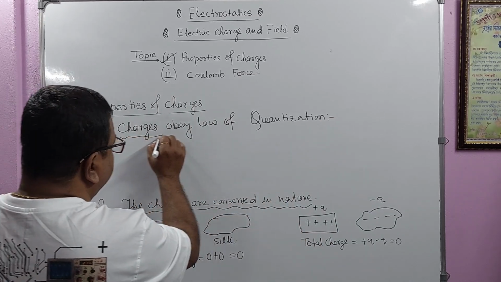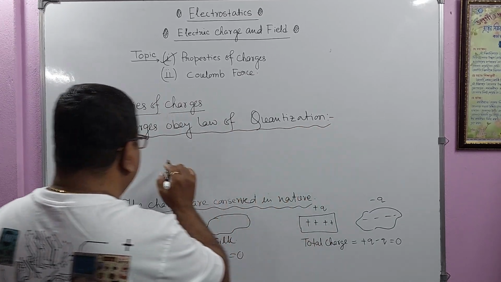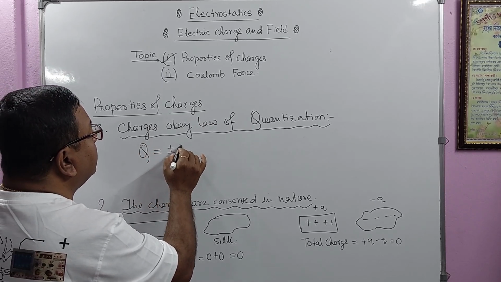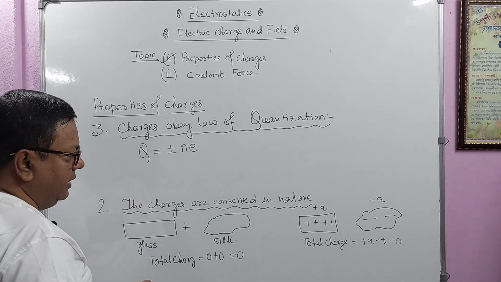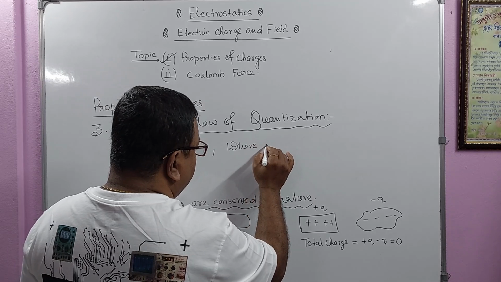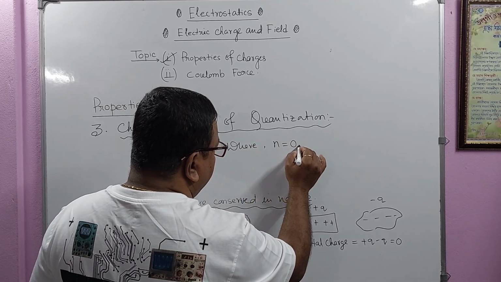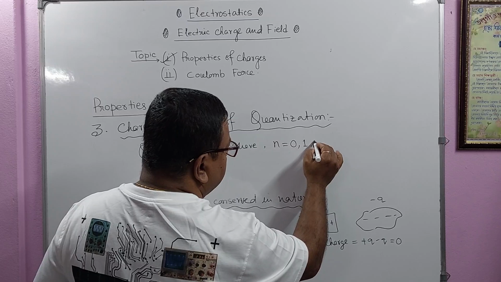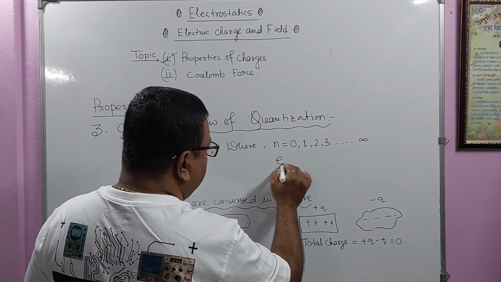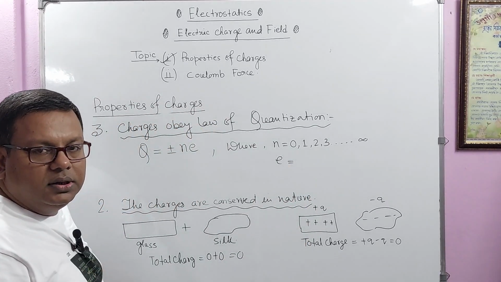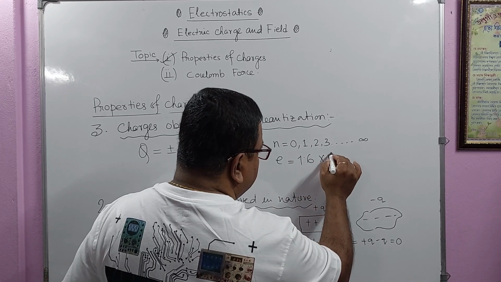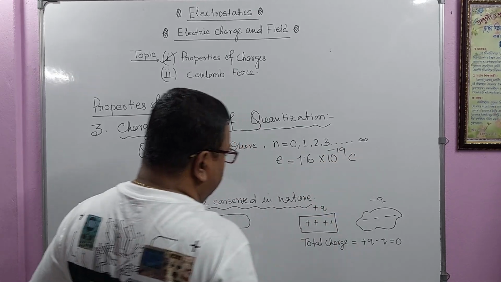So what does it mean? It means that if Q be the total charge of a system, then it is nothing but an integral multiple of the electron charge, Q equal to n E, where n may be 0, 1, 2, 3, up to infinity. And E is the charge of an electron, and we know that the charge of an electron is 1.6 into 10 to the power minus 19 Coulomb.